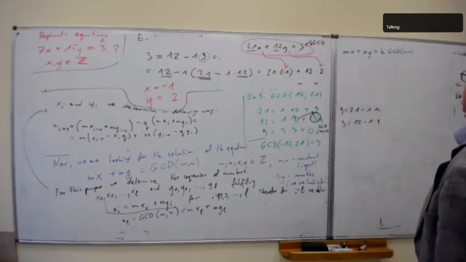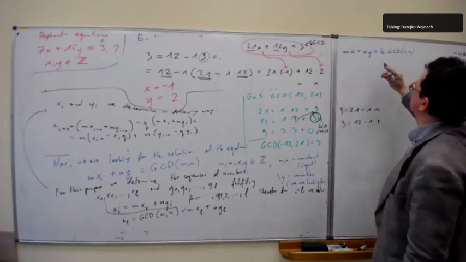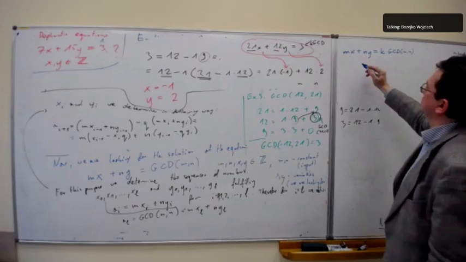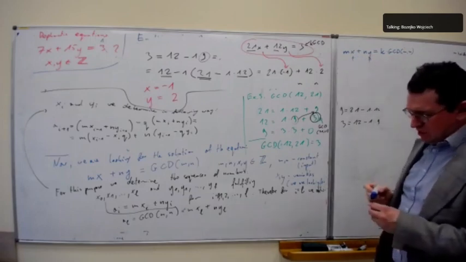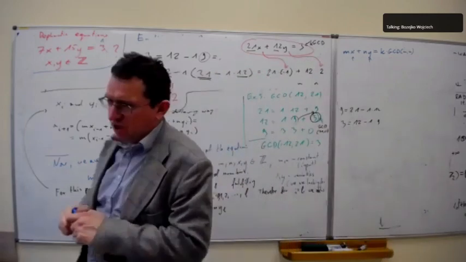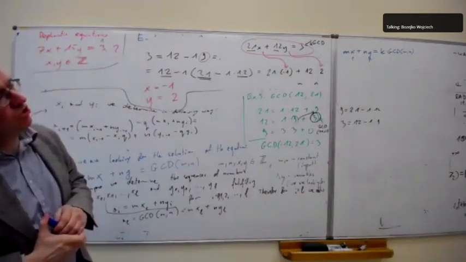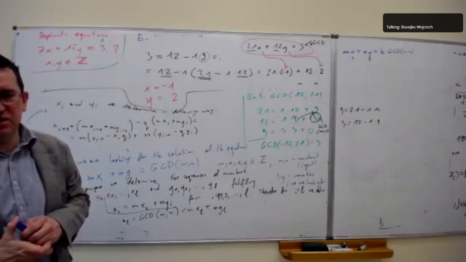This is also a possibility, because in such a situation we will obtain an equation in which we use this x and y multiplied by k.